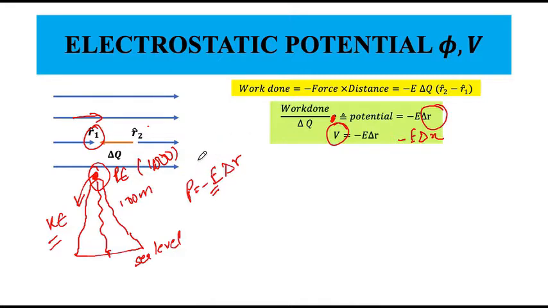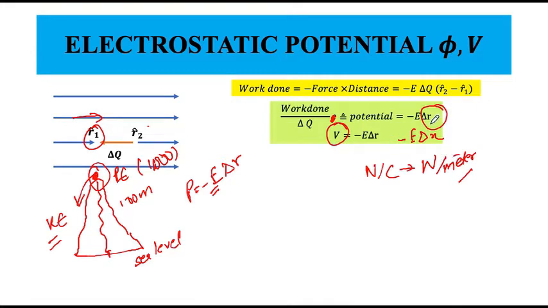Okay, now here is where Newton per coulomb is your work done per meter.